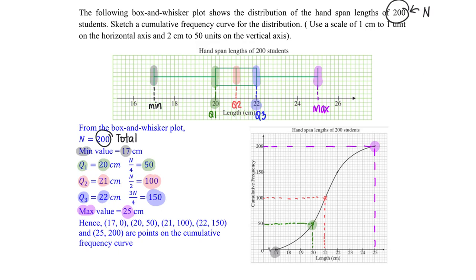So therefore 150 and 22. This is my Q3. Once I get these 5 points, then I could do a rough sketch to connect them together. And that is how you sketch a cumulative frequency curve from a box and whiskers plot.